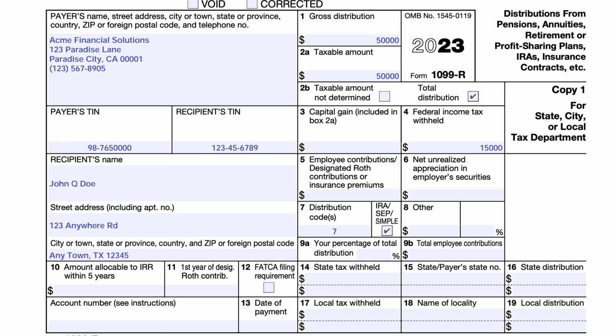So, you would also see, like I said, any taxable amount, but the following items would be excluded from box 2A.